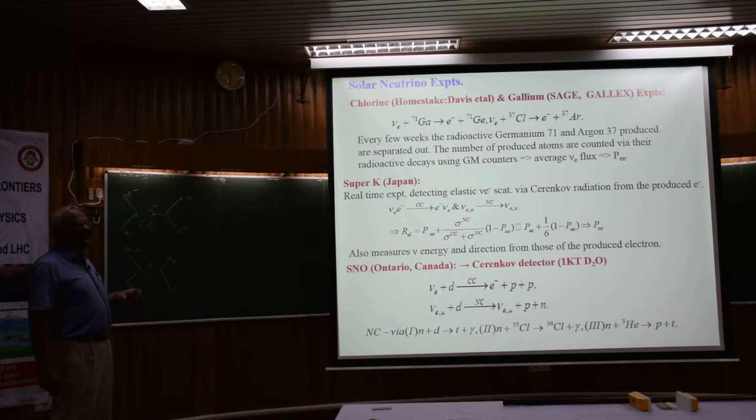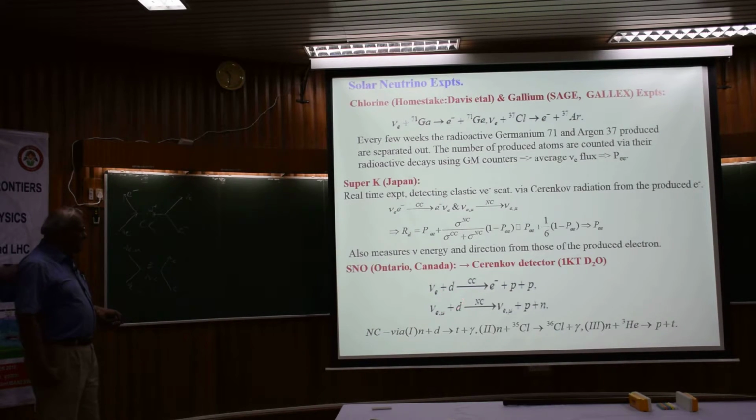So 5 MeV is enough to split the deuteron, and so you get an electron plus 2 protons. This is the charge current interaction, which will give you the nu E survival probability, because only nu E will take part, nu mu will not take part.